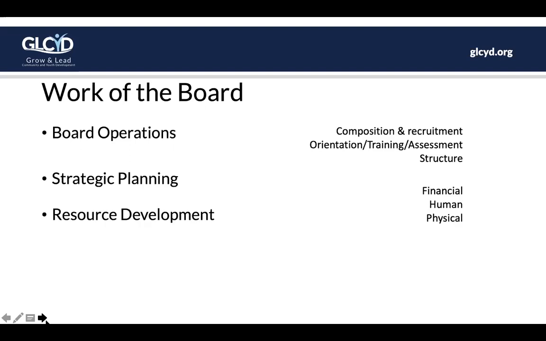Then we have resource development, financial, human, and physical. So like we talked about, that fund development falls in there. Human resources is hiring that leadership position, executive director, CEO, however you refer to it. And also physical, right? If an organization purchases a building, the board owns that building as an entity, right?